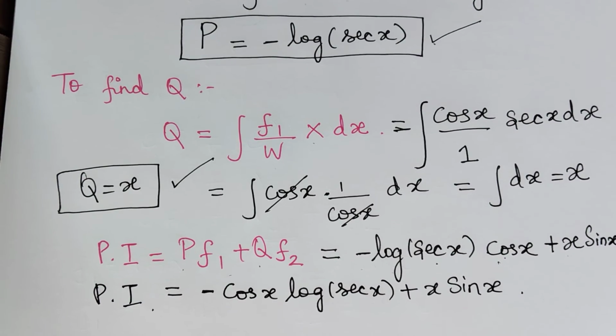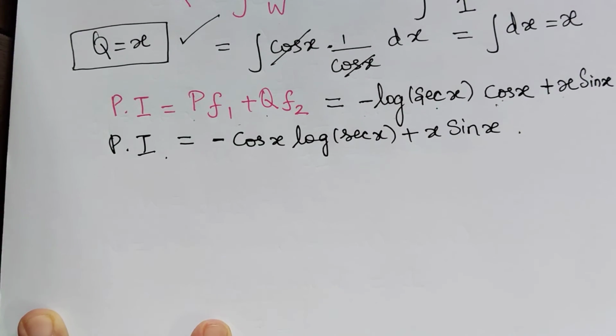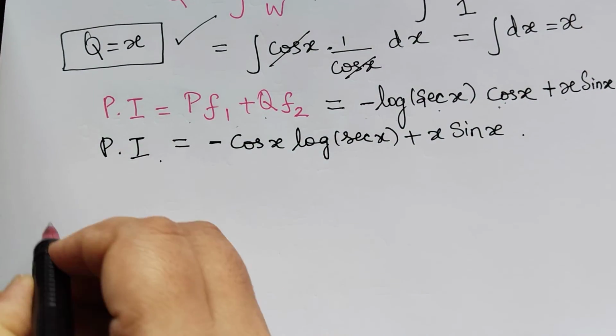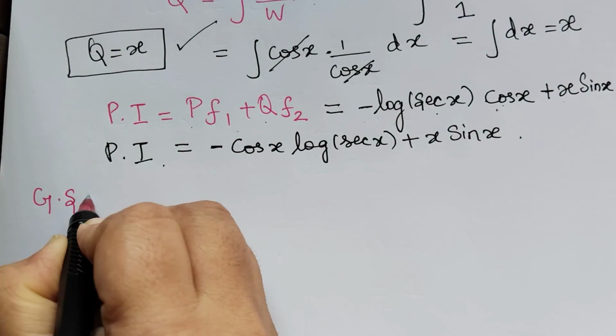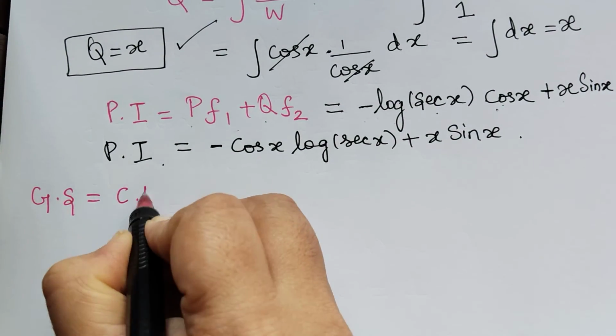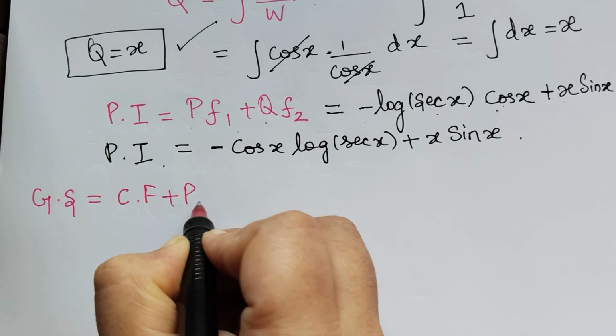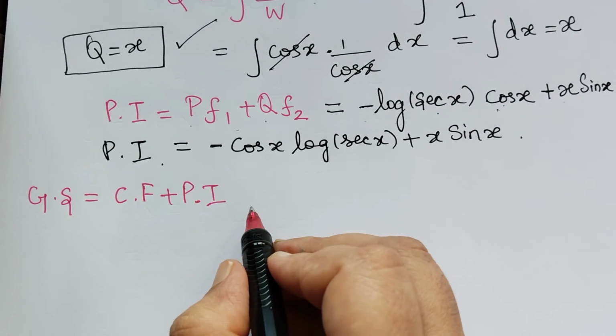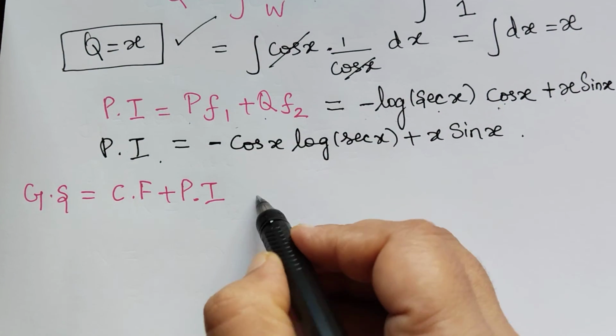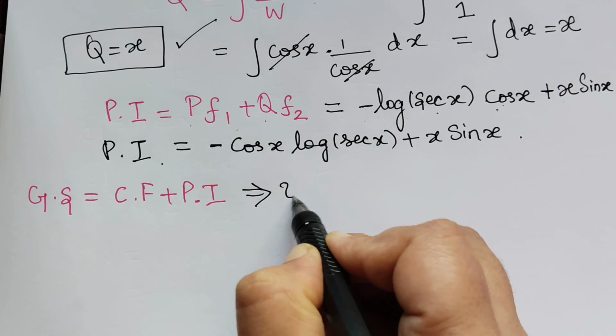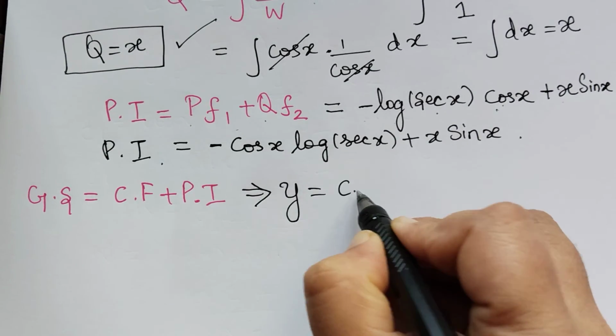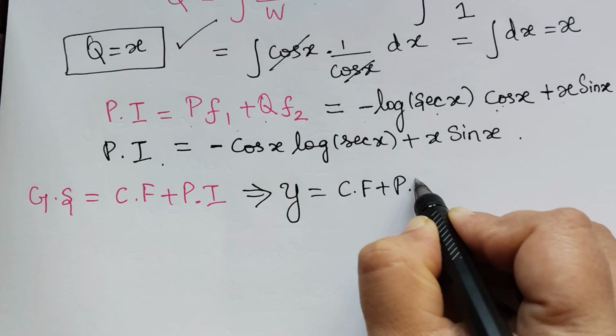Now we have to write the general solution. The general solution is equal to complementary function plus the particular integral. So therefore, the general solution will be y is equal to complementary function plus particular integral.